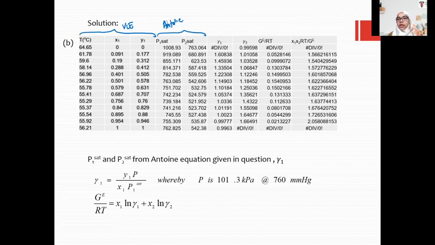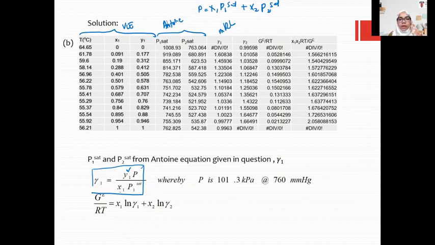For the ln gamma or gamma 1, you can obtain it from the modified Raoult's law, given in this equation. You can insert the value of y1, and P you can obtain from P equal to x1 P1 saturation plus x2 P2 saturation.